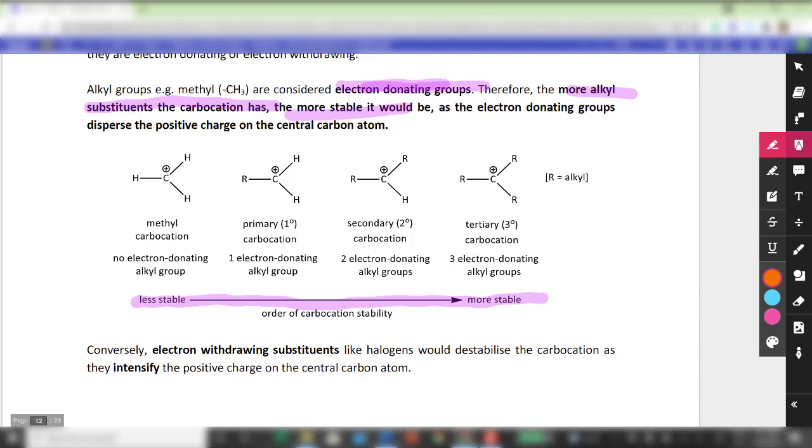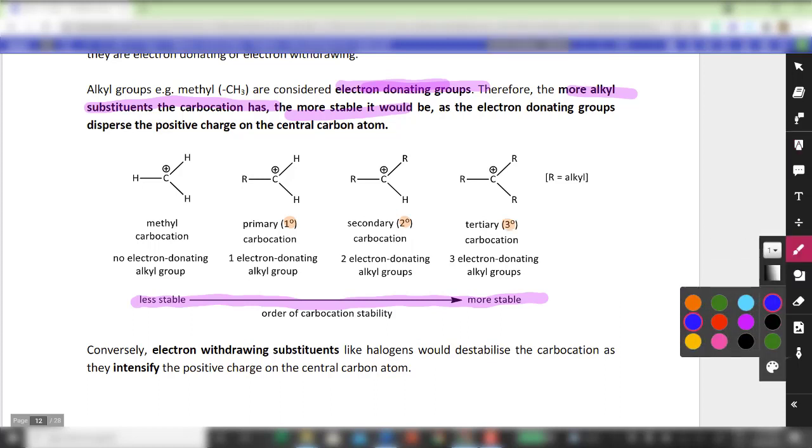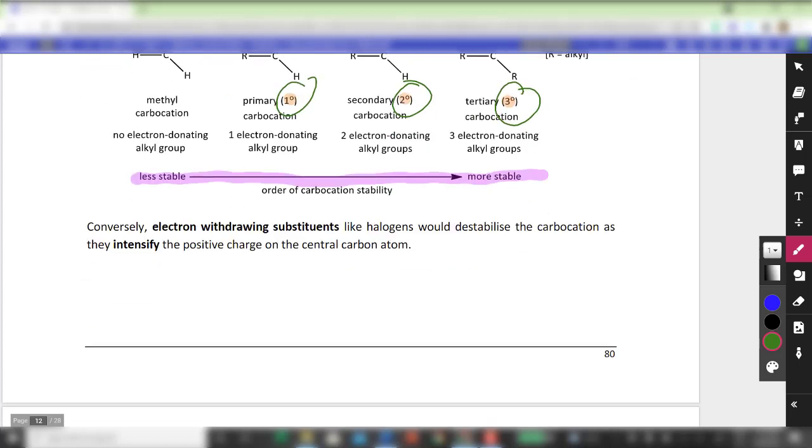Primary, we can write as 1 degree, secondary 2 degrees, tertiary 3 degrees. However, please take note that this should never be pronounced as it is. You shouldn't pronounce primary carbocation as 1 degree; you'll just make yourself look silly. It should be pronounced as primary, secondary, and tertiary.